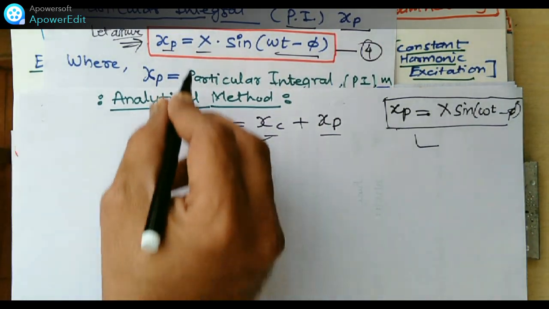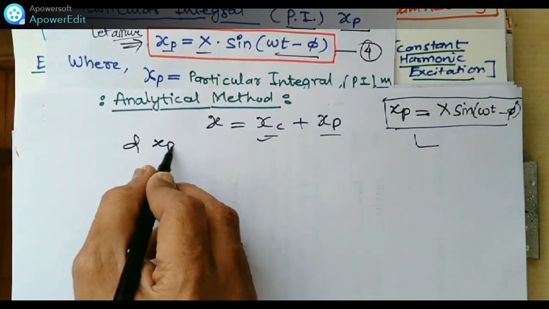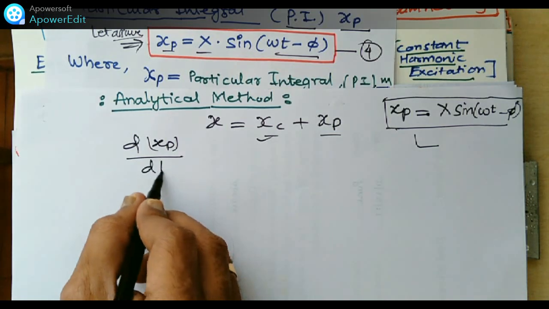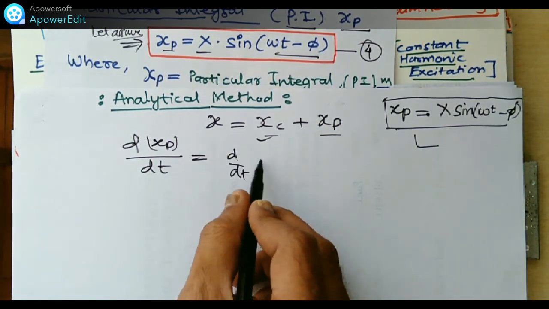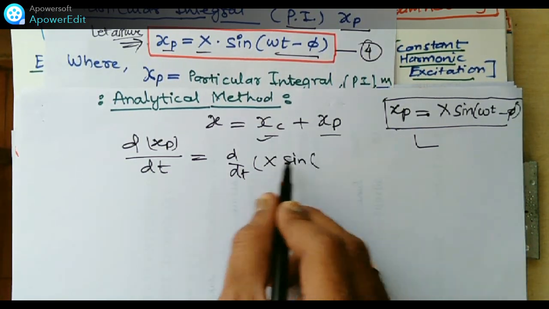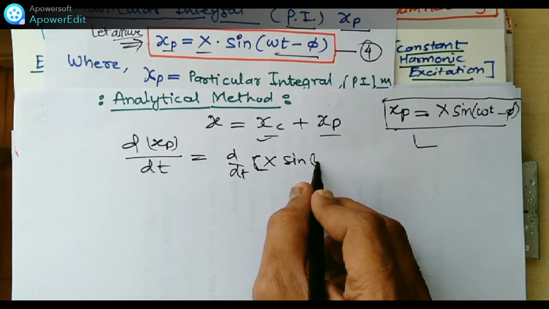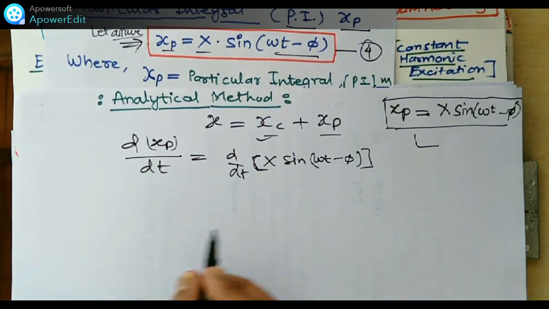Differentiating xp means d of xp with respect to time, so d by dt of X sine of omega t minus phi. What will happen?